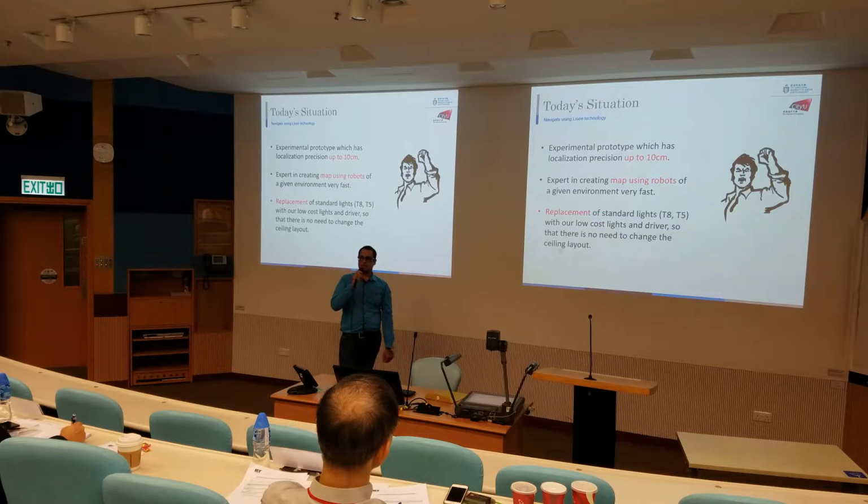The main thing is the replacement of the standard lights with our economical, low-cost light systems, and the good thing is we don't need to change the ceiling plan. I will tell you later how it's going to work.